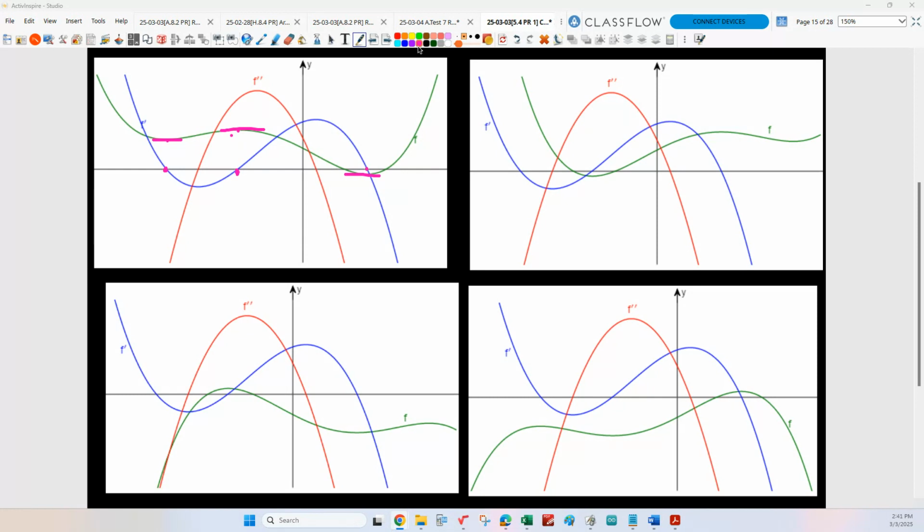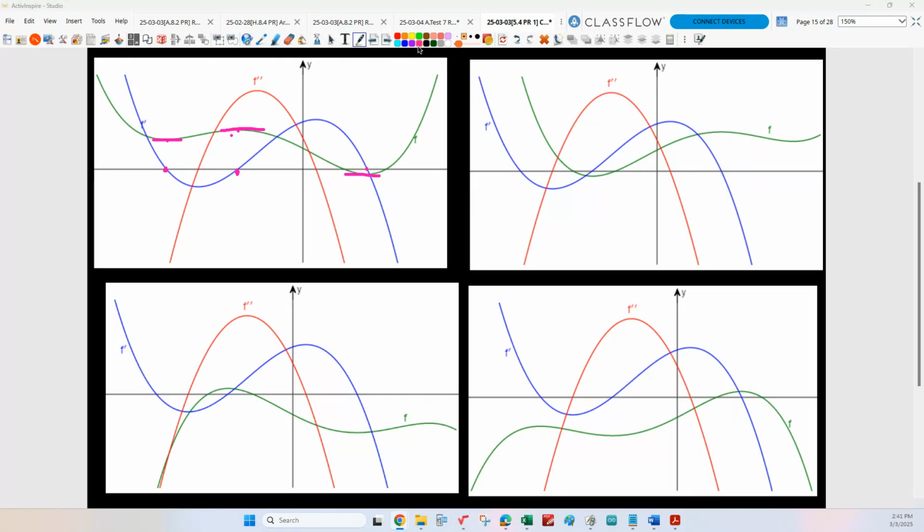Where the derivative is positive valued, the slope should be doing what? Increasing, right? It's not doing that. The ant's walking downhill where the derivative should have a positive value, so that can't be it. Agreed?